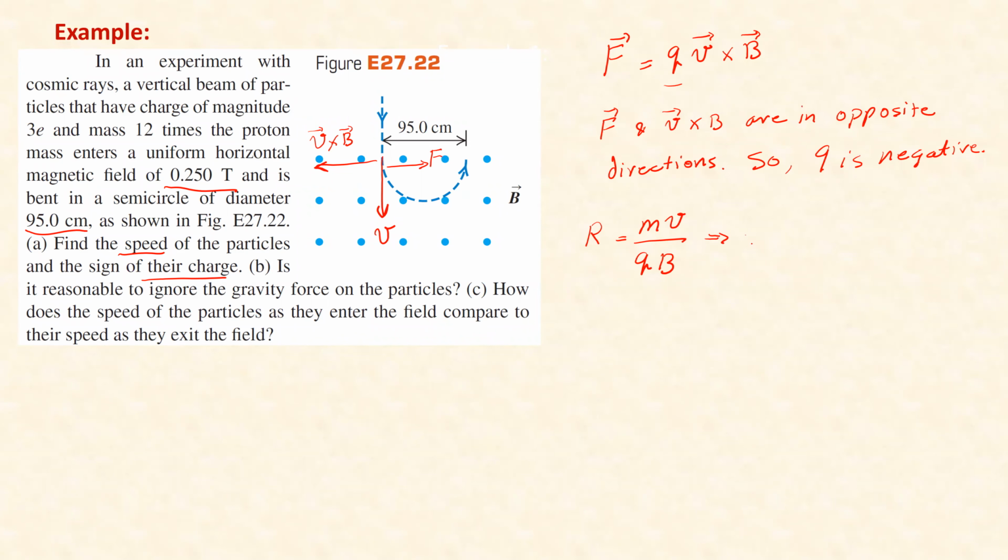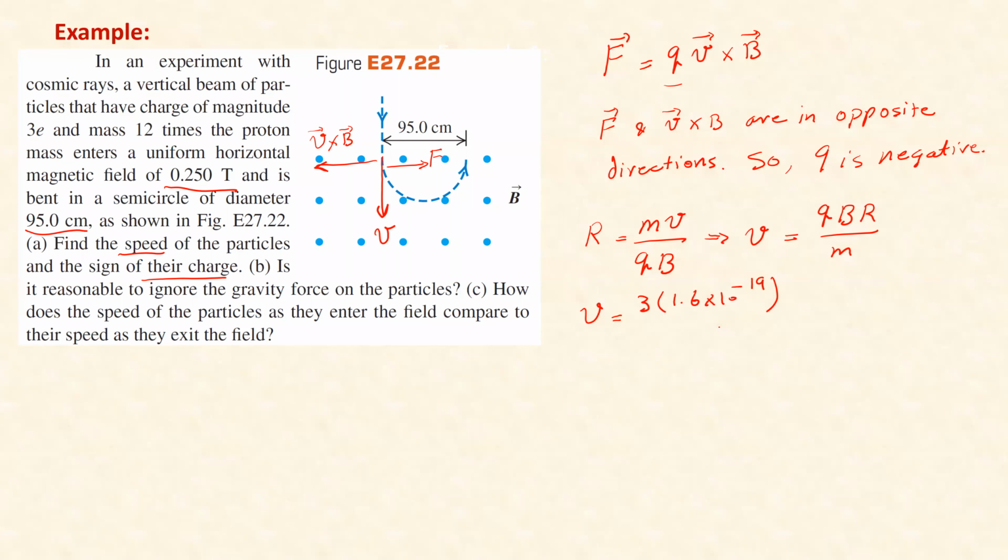So V, the speed, is equal to qBR over m. So V is equal to 3 times 1.6 times 10 to the negative 19.